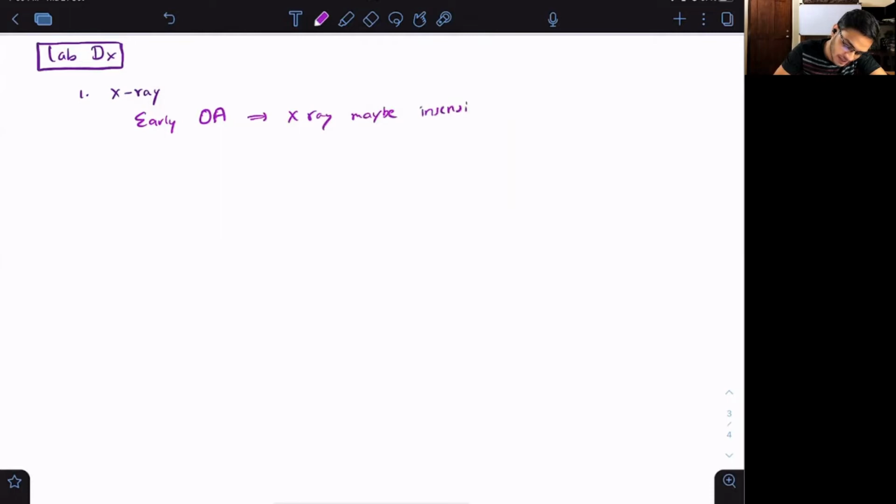What I want you all to understand is X-ray, especially in early osteoarthritis, guys, X-ray may be insensitive to the pathologic changes. What does that tell us?